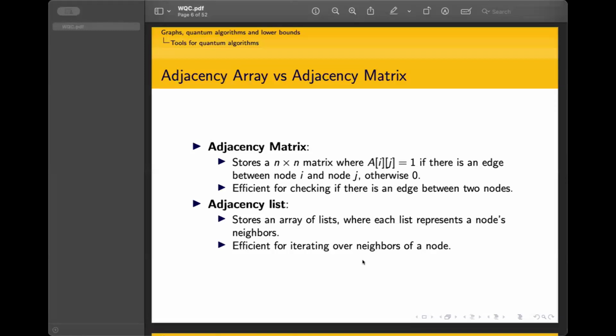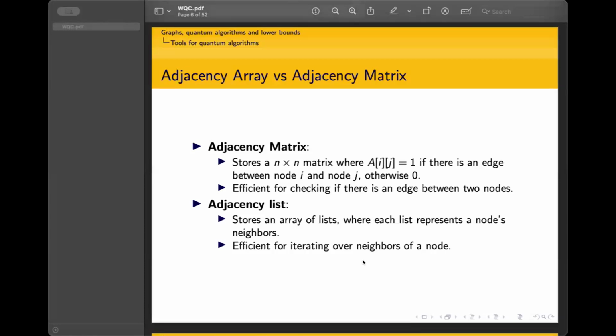And if there is no edge connecting two vertices, then the entry is zero. Then there's the adjacency list, where you have a list of nodes, and next to each node you have a list of its neighbors.